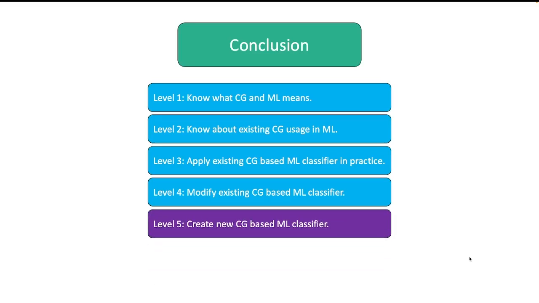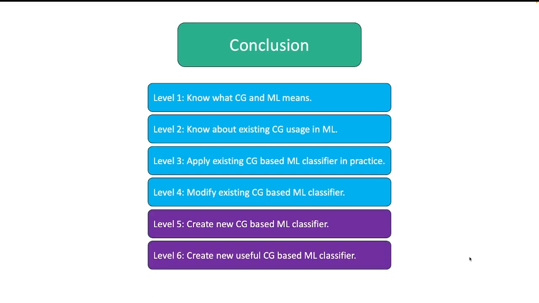It is essentially creating a completely new column generation based classifier or a completely new column generation based application. I had some ideas in my mind when I started my PhD. But the thing is that it kept getting deprioritized because the other projects were more interesting, and the other reason is because of the next level, level 6, which is create. It is essentially the same as level 5, except that the new column generation based classifier also has to be useful, right?